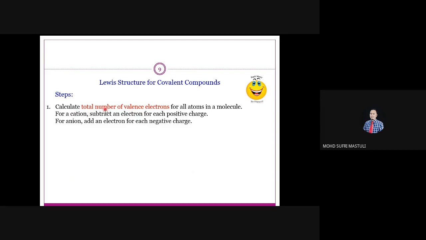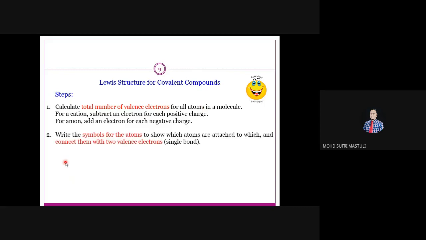Later on, I will show you how to calculate it. Now you just read what the steps involved are. Again, first, calculate the total number of valence electrons for all atoms in a molecule.